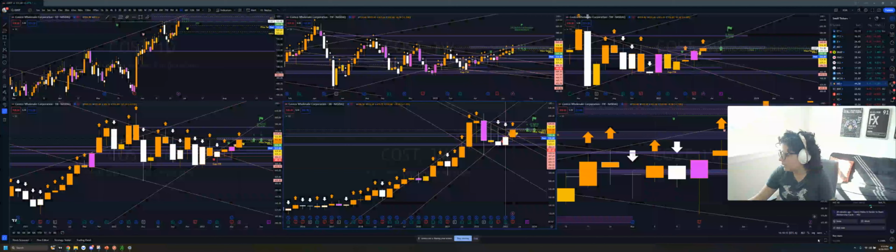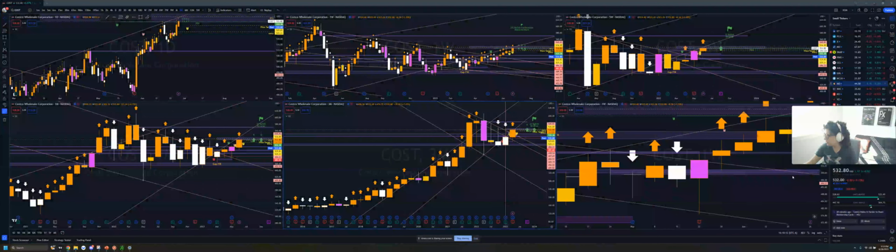Also in TradingView, I have this nice little scanner that does pre-market gap ups and gap downs. And so I look to see what's gapped up and gapped down pre-market, just to give me an idea. And sometimes you can tell a pattern.